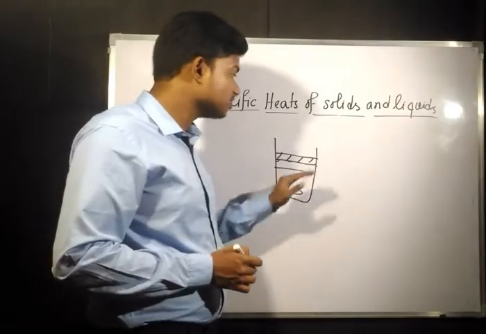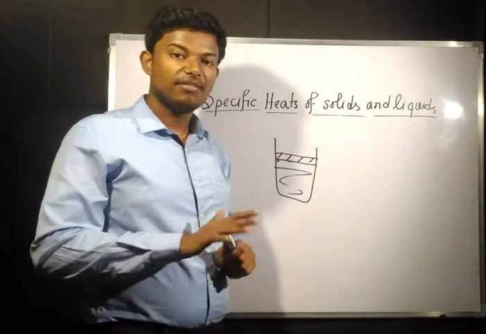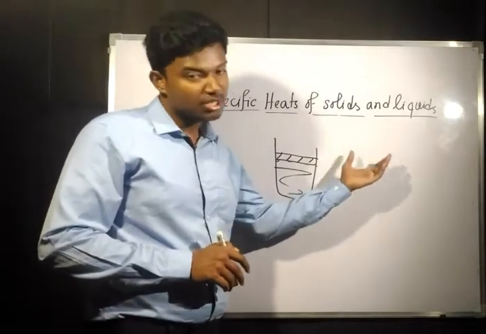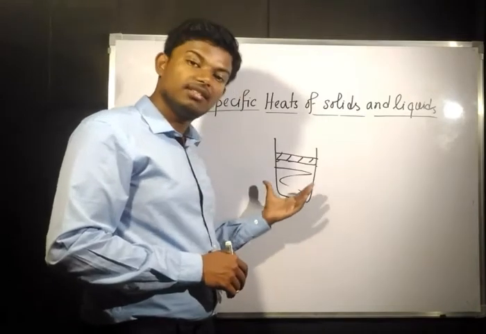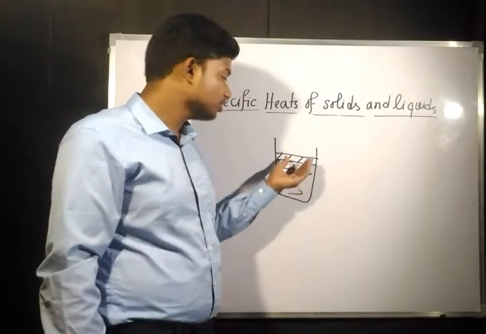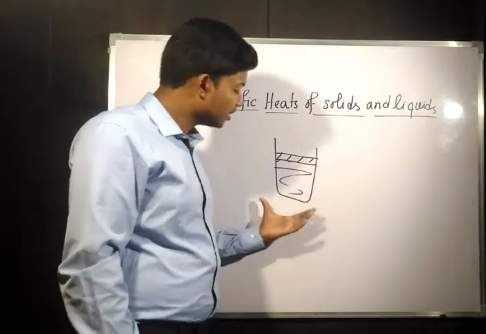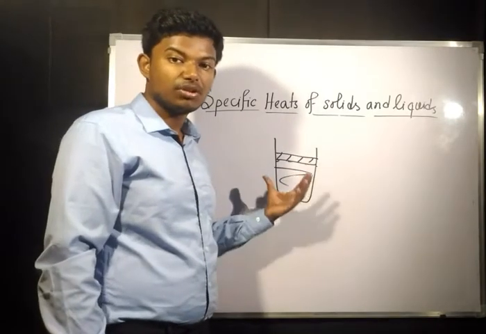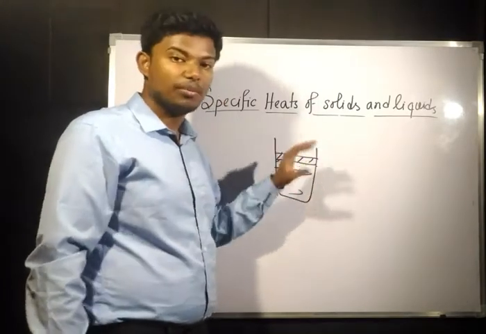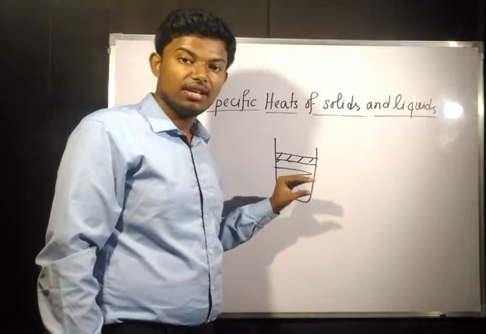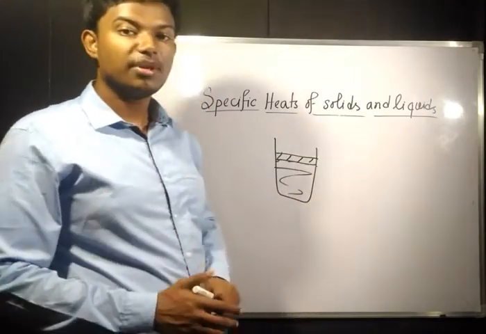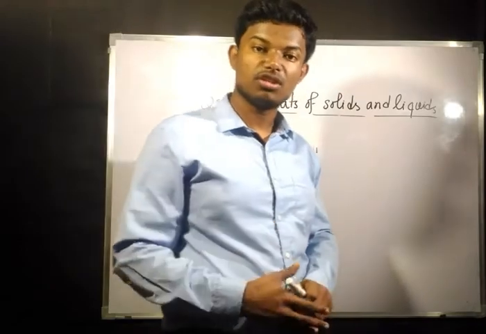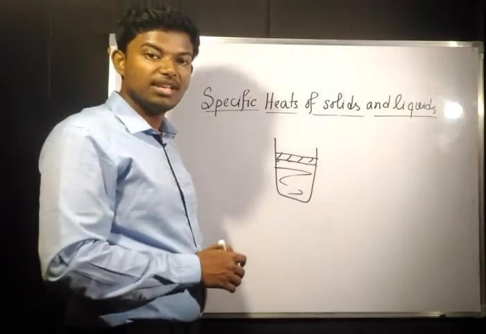That means expansions in solids and liquids are very negligible. So whether it be constant pressure or constant volume, if you set it up like this, this can be considered as constant volume, because it is not going to go up. This can also be considered as constant pressure, because the expansion is very negligible. So for solids and liquids, whether it is constant pressure or constant volume, the specific heats are going to be the same.